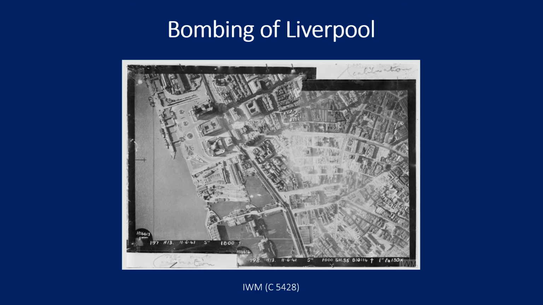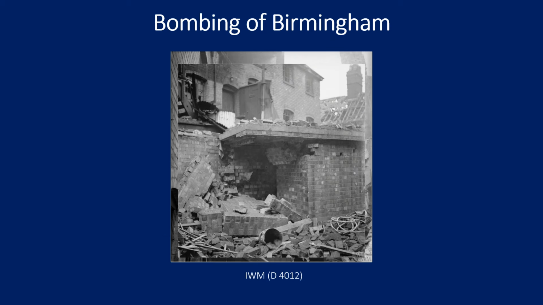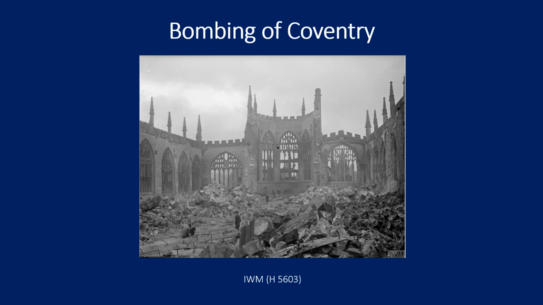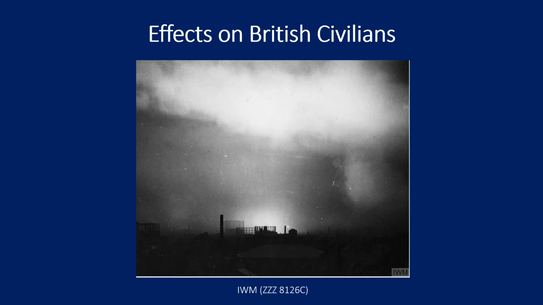The Germans bombed other cities as well, including Liverpool, Birmingham, and Coventry, just to name a few. The raids were devastating to the British civilians living in the cities. It was a time of uncertainty and terror, but it was a threat that Britain had prepared to endure.